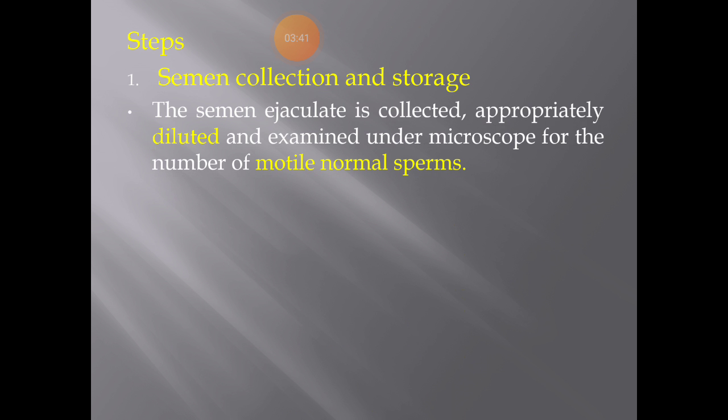The semen ejaculate is collected, appropriately diluted, and examined under the microscope for the number of motile normal sperms. And this is done in a bull, please note. How the semen is collected? There are 2-3 methods: mechanical method, electrical method, right?